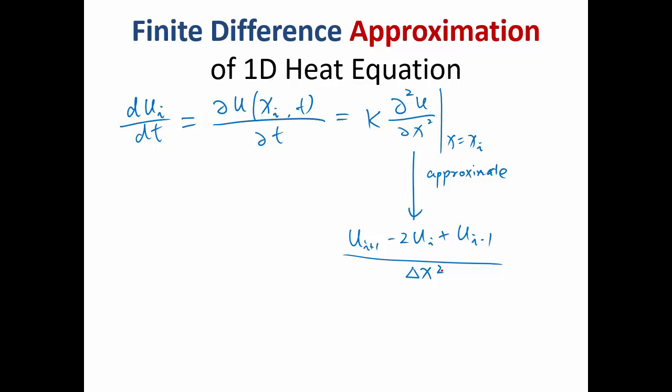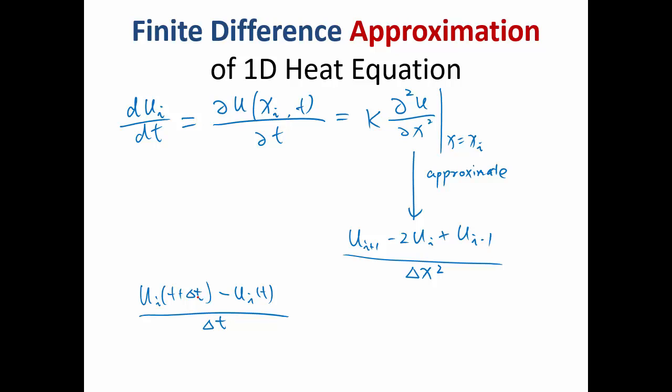How many people remember what forward Euler is? Not very good. So forward Euler means, if I take ui of t plus delta t, at a slightly later time, I'm going to approximate the time derivative as a finite difference in time.